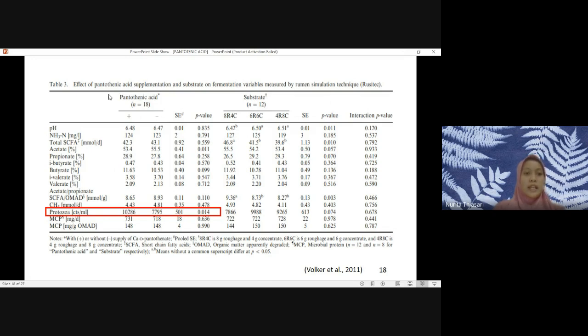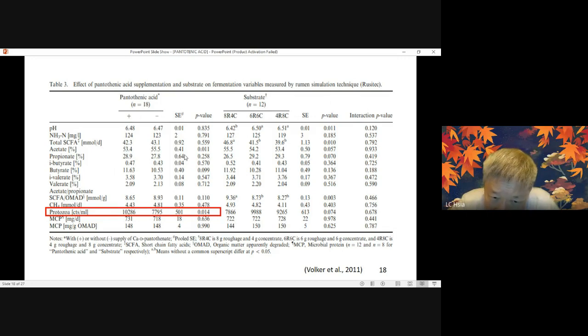I think there is also some kind of misexplanation, because you can see here another example. Maybe pantothenic acid plays some role as a coenzyme, letting the products go to propionic acid.